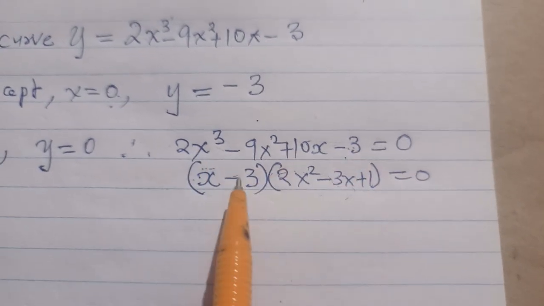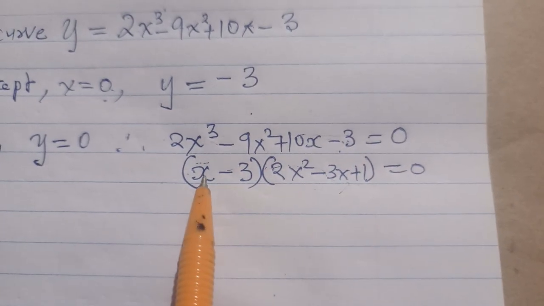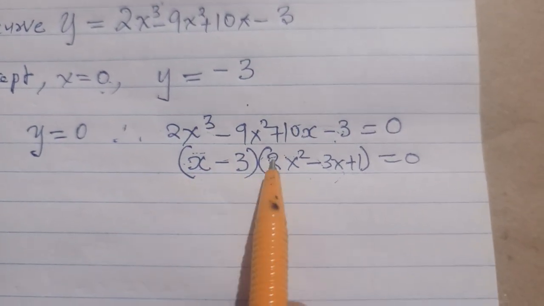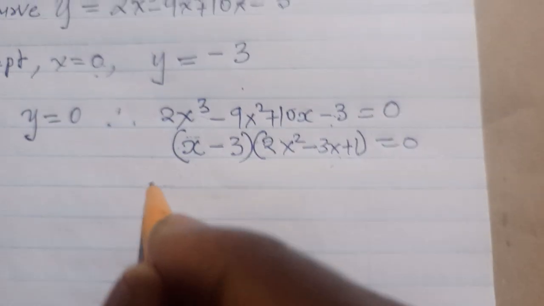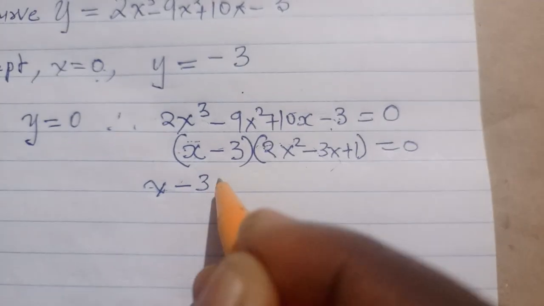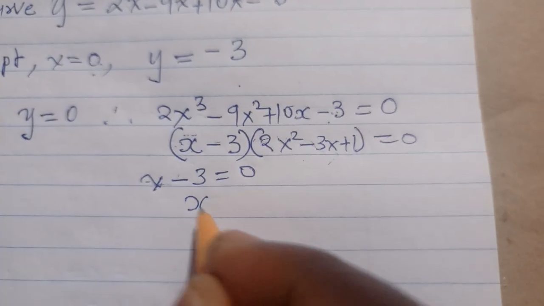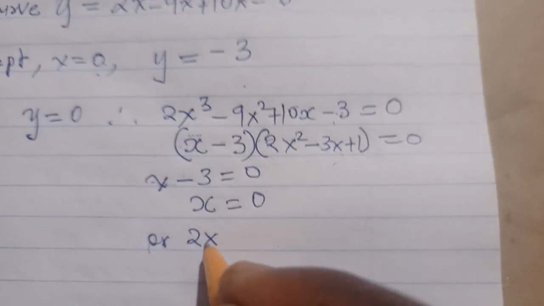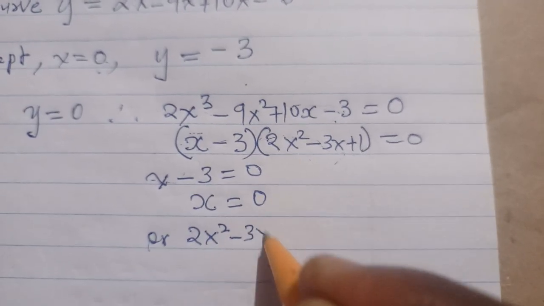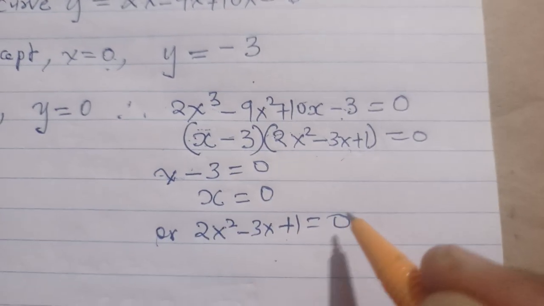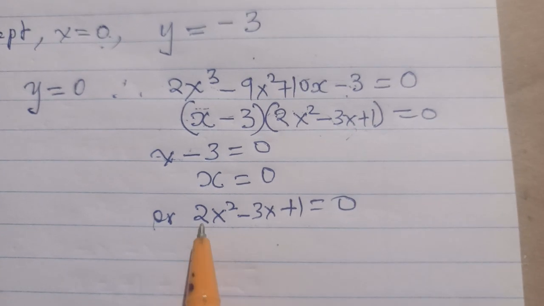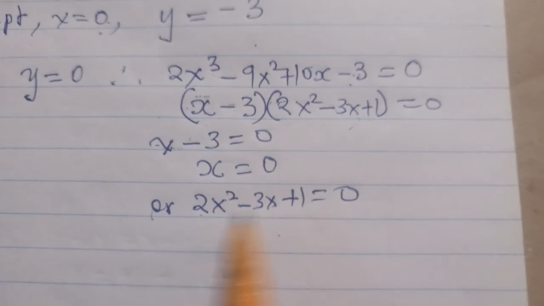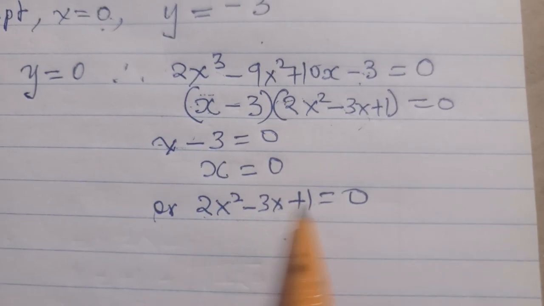We have written it in this other form by factorizing it. Now when we have it this way, we have two brackets. When multiplied you get 0, then it means that either one of the brackets is equal to 0, and therefore in this case x will be equal to 0, or the other bracket 2x squared minus 3x plus 1 is equal to 0. Now this here is a quadratic equation that we can solve to get the values of x.